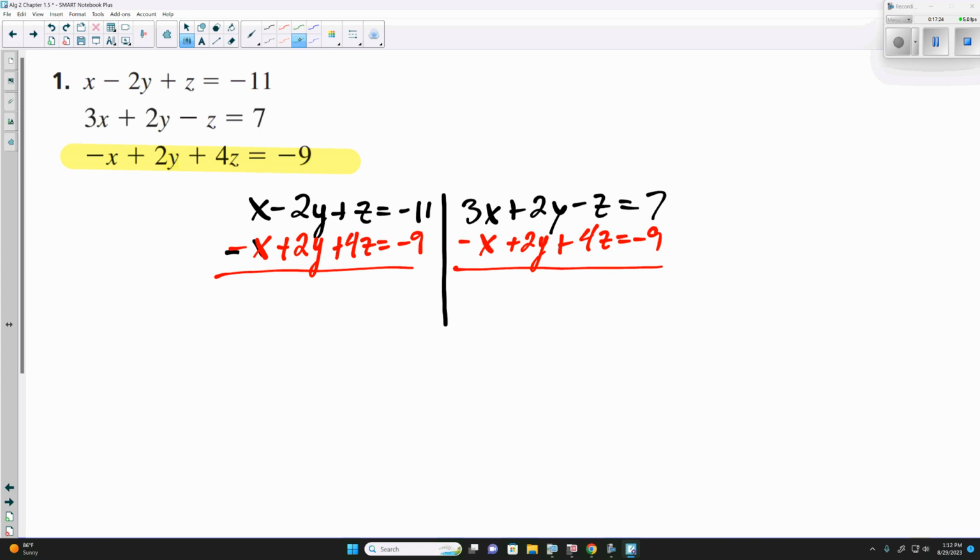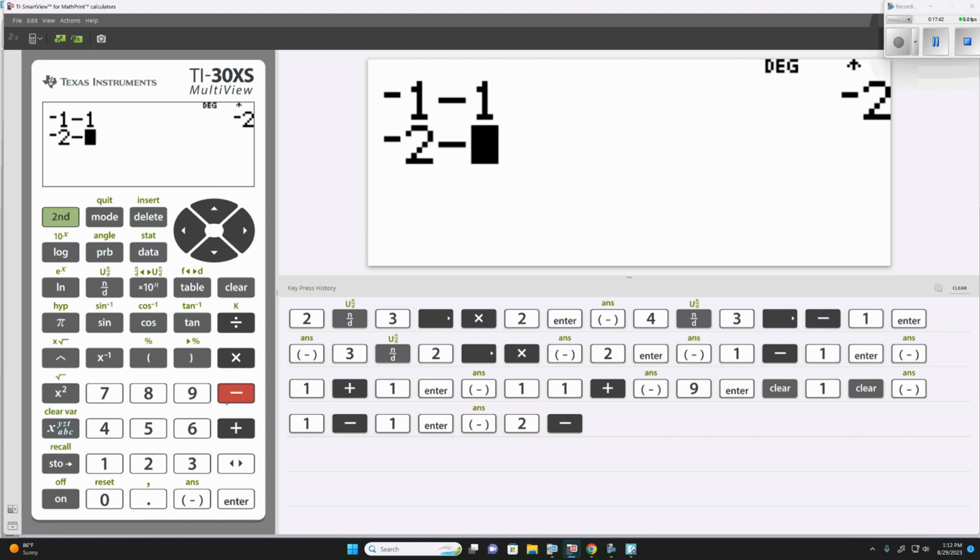Now looking at the one on the left, because we want to eliminate our y, we have negative 2y and positive 2y. So negative 2 minus 2 is what? Negative 4.